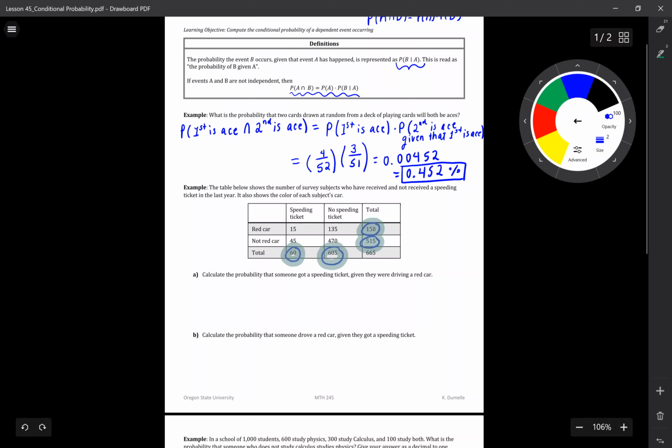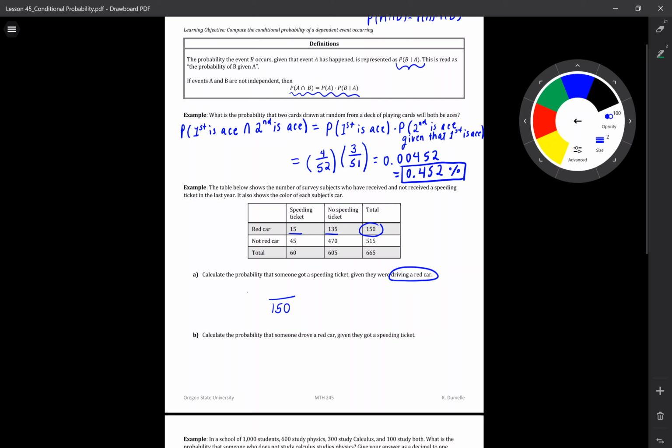So let's do some probabilities here. Calculate the probability that someone got a speeding ticket given that they were driving a red car. So how many people are driving a red car? 150 people total drove a red car, so we have 150 possibilities for driving a red car.